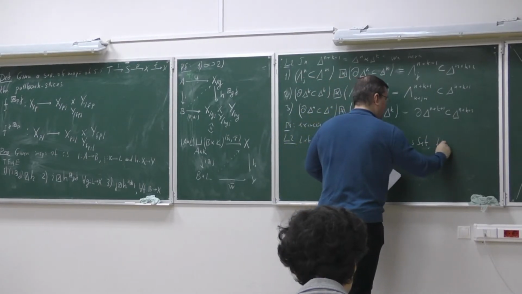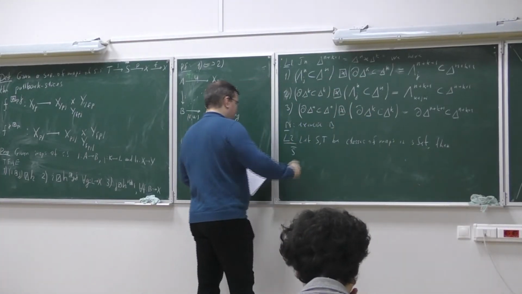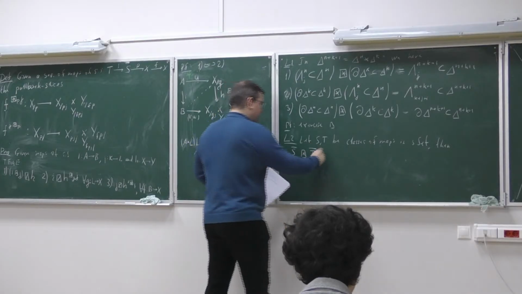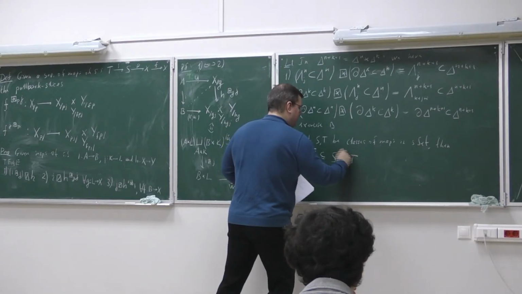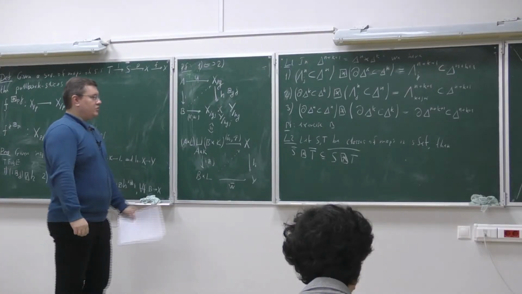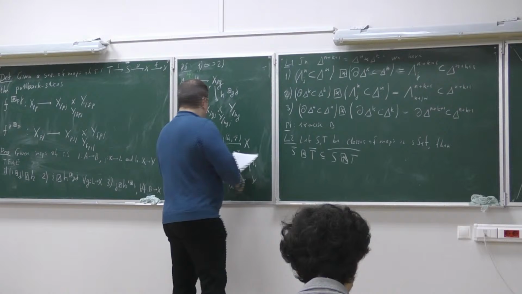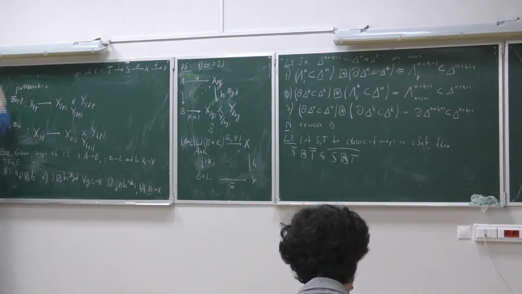Then if you take the weak saturation of S, take a box join with the weak saturation of T. This is contained in the weak saturation of the box join of S and T. The proof is the same as for the product again, so no need to prove this. So finally, we can combine these two lemmas together.